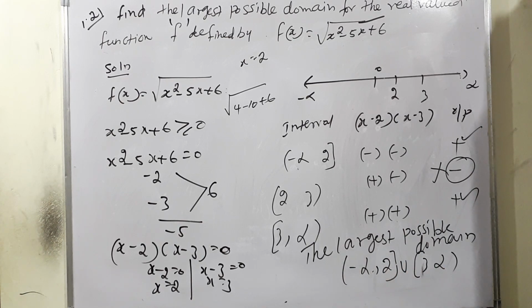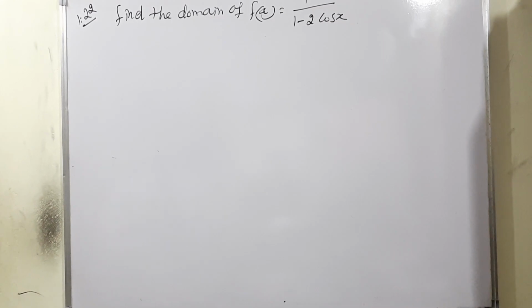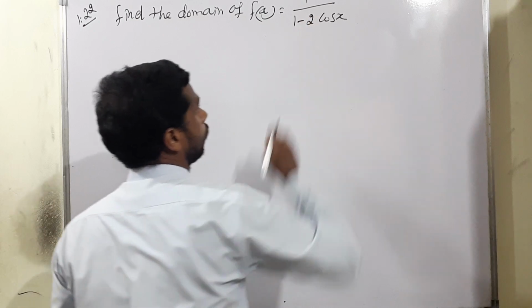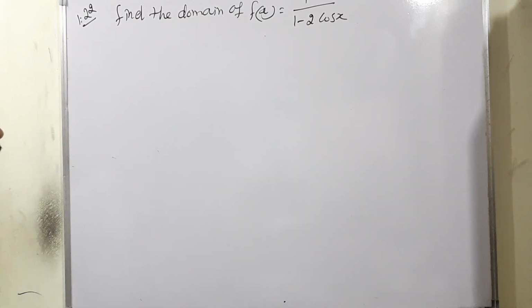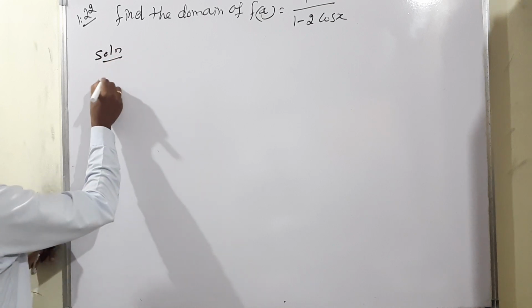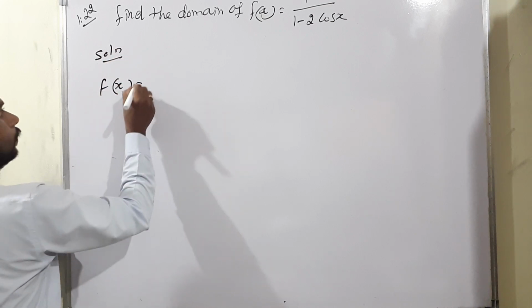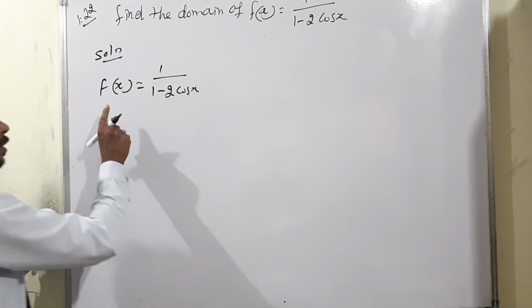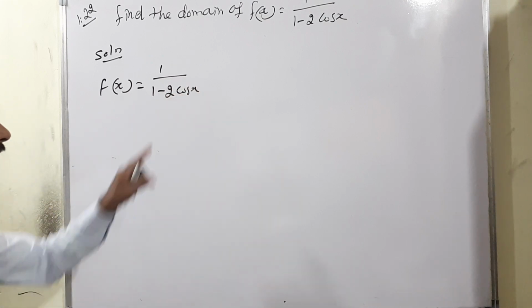Okay. I will continue with the next question. Example 1.2. Find the domain of f of x is equal to 1 by 1 minus 2 cos x. So solution, the given function is f of x is equal to 1 by 1 minus 2 cos x. So all the real values are possible except where the denominator is 0.